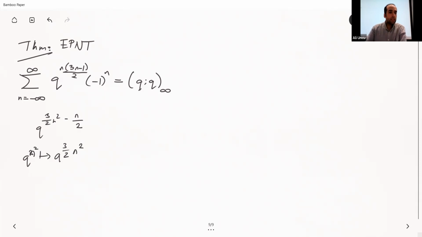So this directly tells me that q in my Jacobi triple product identity should turn into q to the 3 halves. And for me to get this negative 1/2, z has to go to q to the negative 1/2, so that that portion comes in. And for that negative, I need z to be negative. I'm just matching the formula that we proved with what we have, right?